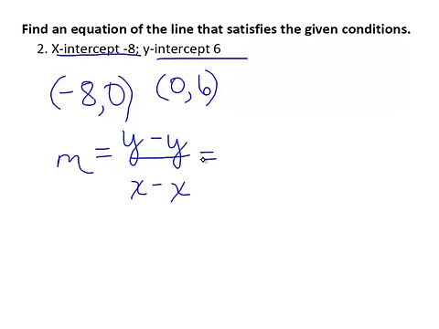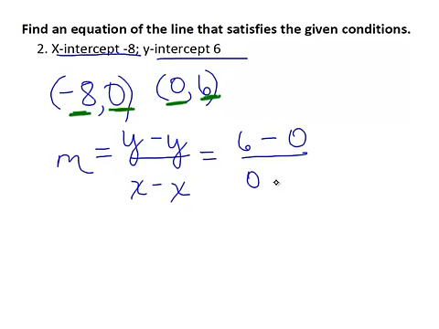Does it matter which point we start with? No. But if I start with the second point and do the y minus this y, so that'd be 6 minus 0. So what I did is this y minus that y, and that will be over the x minus the other x.